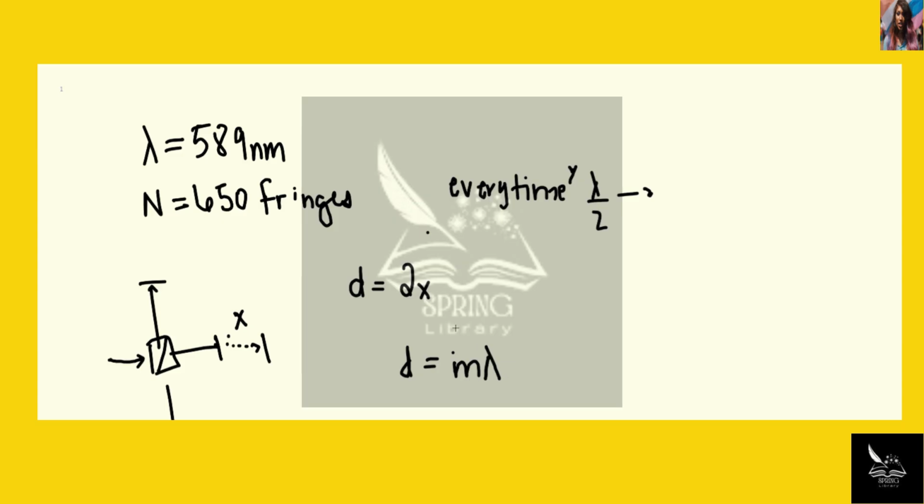If it's 1 lambda, then they're 1 lambda apart. If it's 2 lambda, it's 2 lambda apart, et cetera. And so if we know that it's 650 fringes, we can say m is equal to 650. And then from this formula, we can set it equal to 2x. And then we can say that x is m lambda over 2.